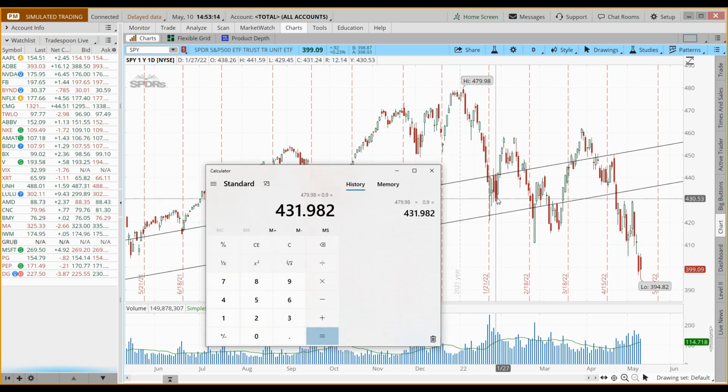That was back here in January, and again several times through here. We've already had the correction. It's a technical term. 479.98 times 0.8. 0.8 is a 20% retracement, with 20% retracement being bear market territory.